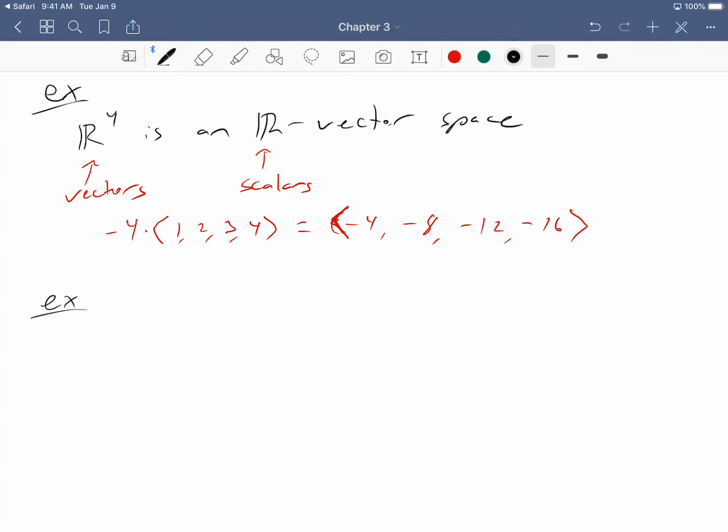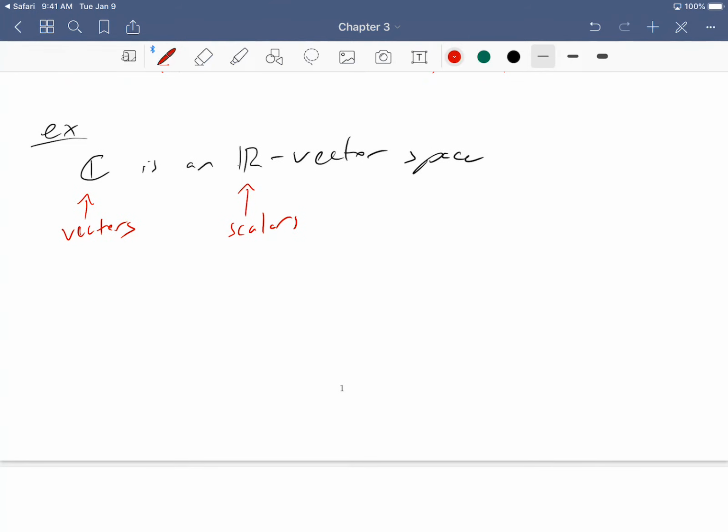All right, one that is familiar but a little bit different. You don't usually think about this as vectors, but we can: the set of complex numbers C is an R vector space. And so again, when I write that down, I'm telling you two things. These are the scalars. These are the vectors. Okay, so let's look at what calculations here look like. So if my vectors are elements of C, that means something like 1 plus 3i is a vector.